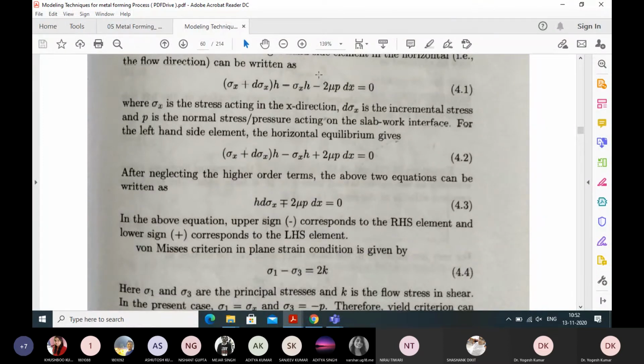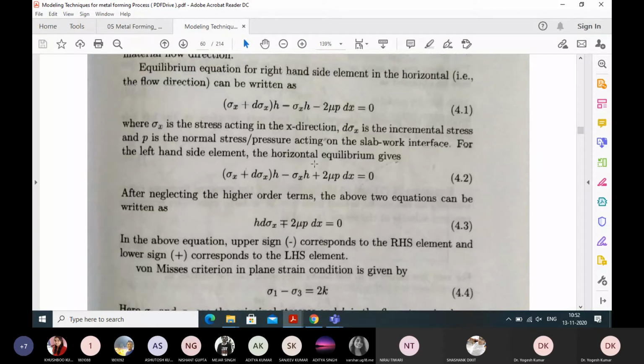If you combine these two equations 4.1 and 4.2, you will find that these terms sigma x into h cancel out. So this will be h d sigma x plus minus twice mu p dx.